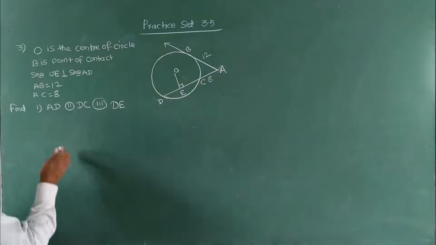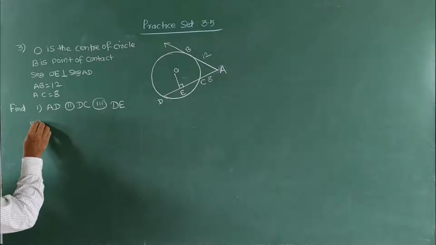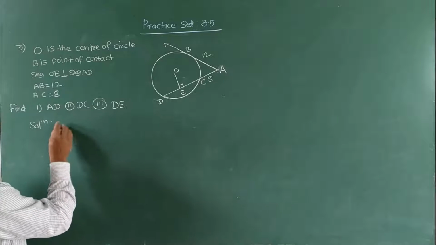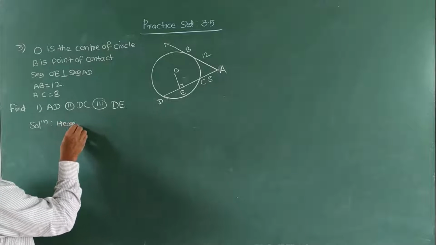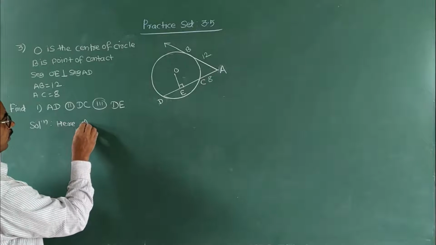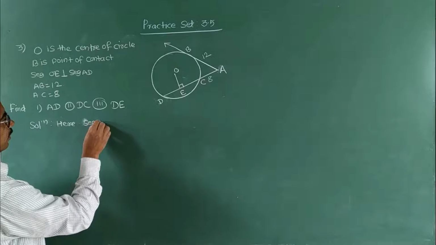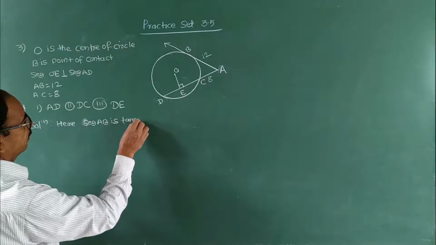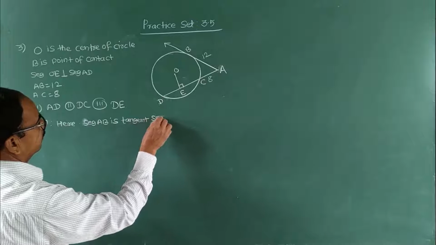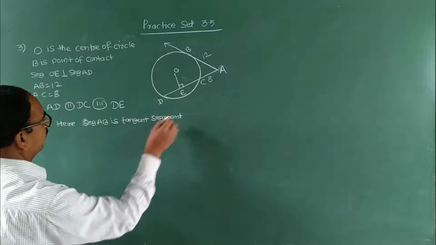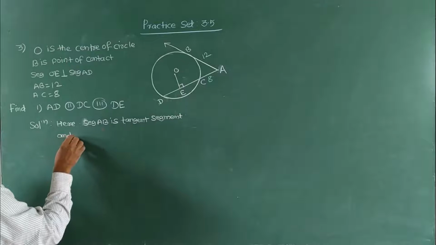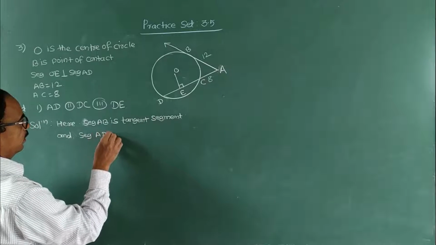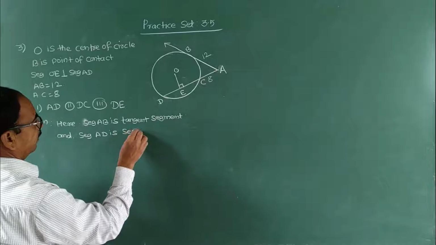So here we can write, segment AB is tangent and segment AD is secant.